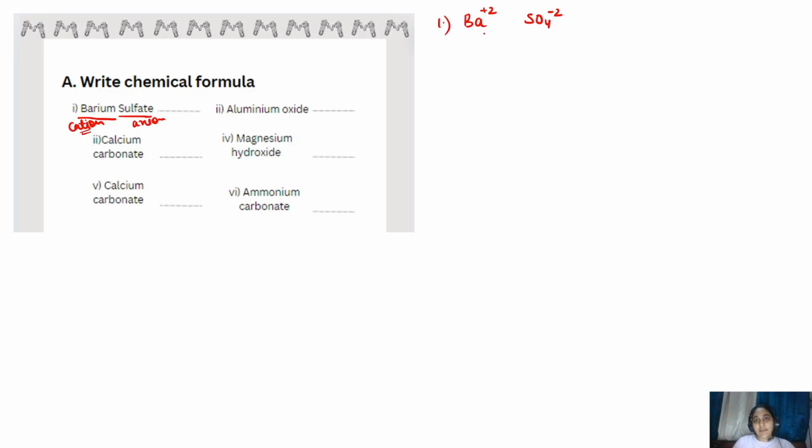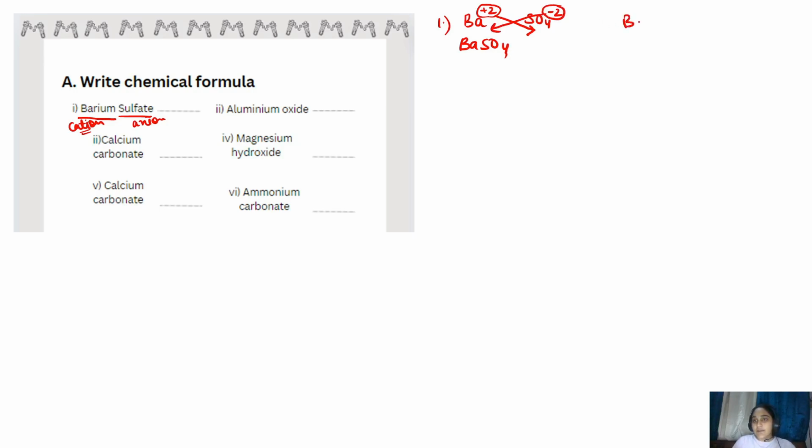First, the general way: you have cation +2, you have anion -2, and the overall charge on barium sulfate will be 0. That means the charge is already balanced, so the formula will be BaSO4. The second way is that the charge on the cation will be the subscript of the anion, and the charge on the anion will be the subscript of the cation.